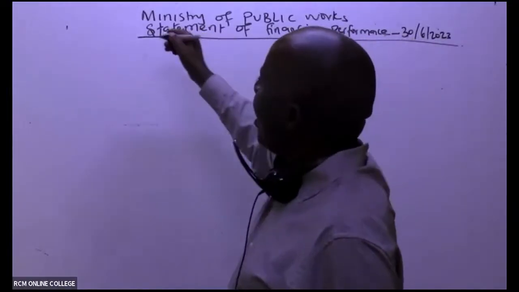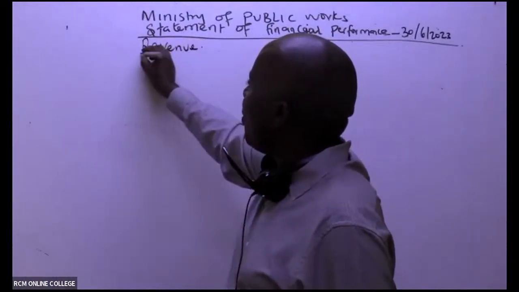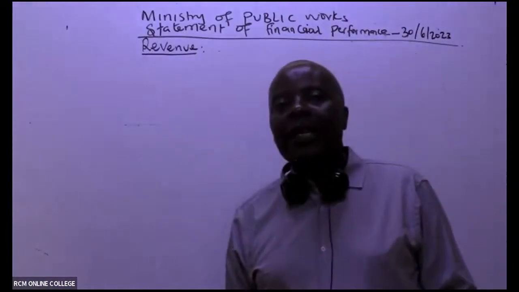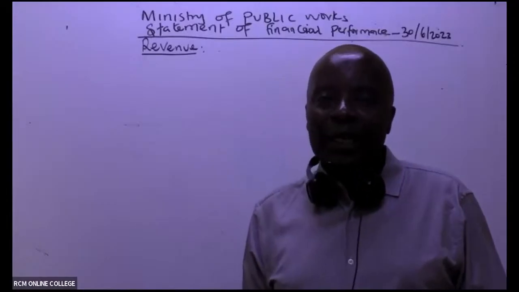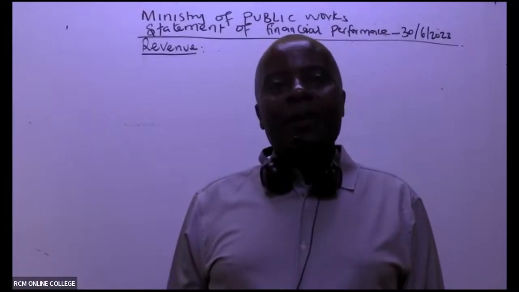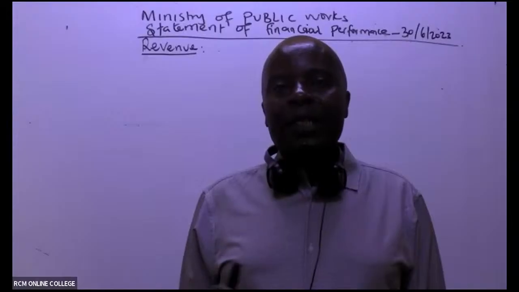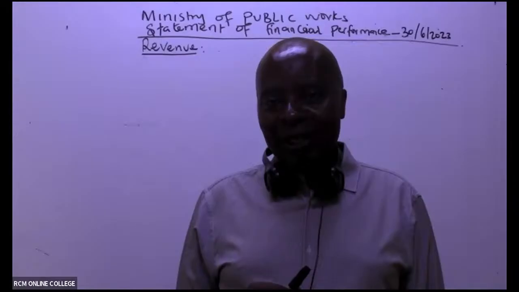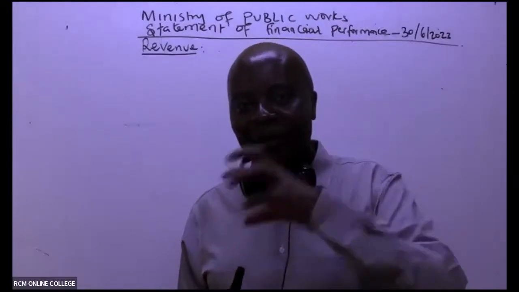Now, ladies and gentlemen, we get started with revenues raised by this Ministry of Public Works. Could you kindly give me examples of the revenues you expect this kind of a ministry to get? Remember, these are public sector entities that offer essential services. They can't stand on their own, so they will need the bigger brother, the national government.